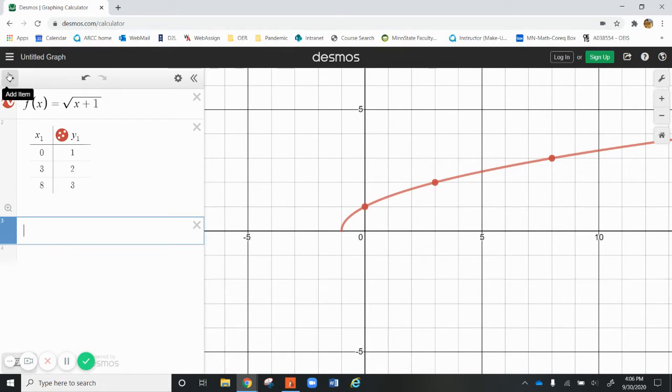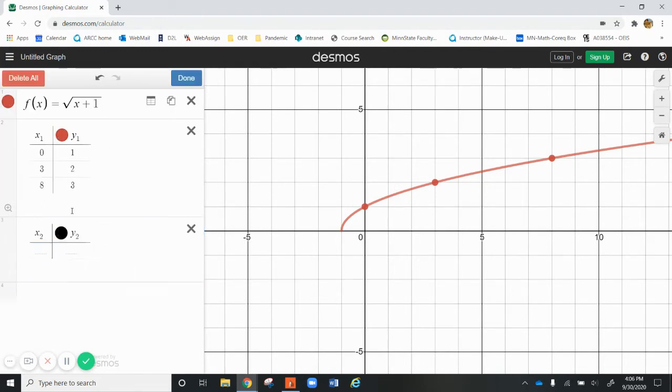So if I am going to graph the inverse of this function, then what I'm going to have is just x's and y's swapping, right? So I can graph some points on the inverse of this, and I can do it by just swapping the x's and y's. So I'm going to make the inverse purple, like red and purple.